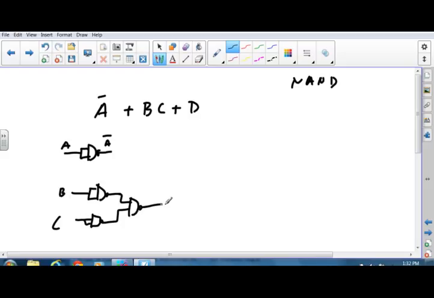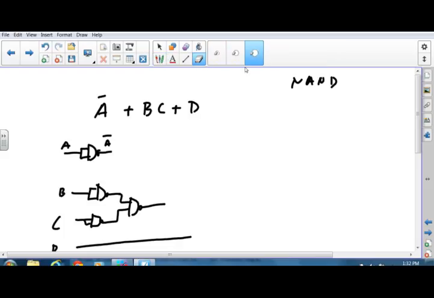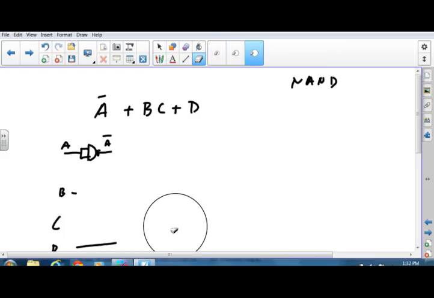So that's going to be my and. And then I've got this D down here, and I'm going to OR them all together. We know that that's wrong, so I should just erase it now, right? So we'll erase that now.